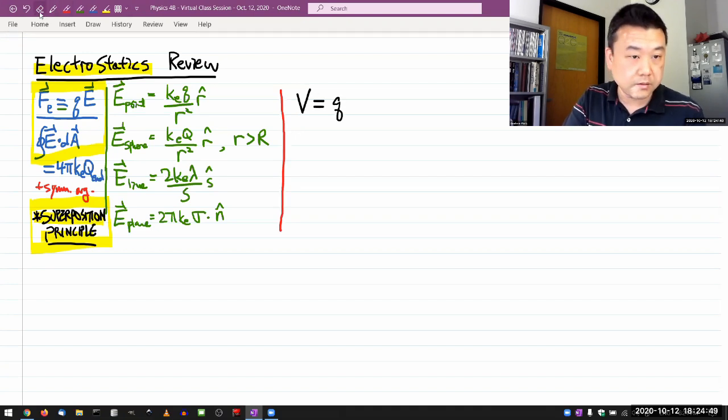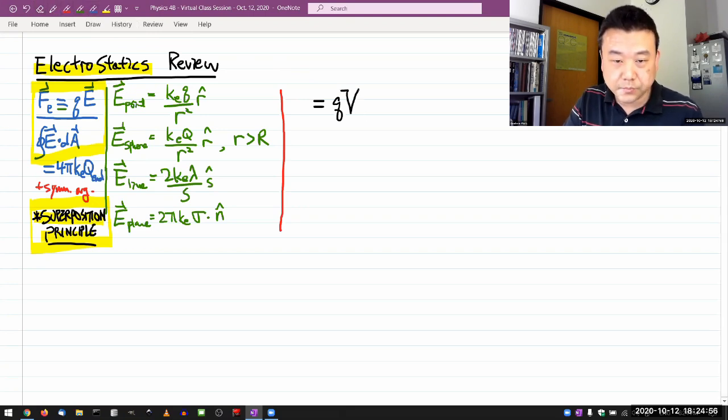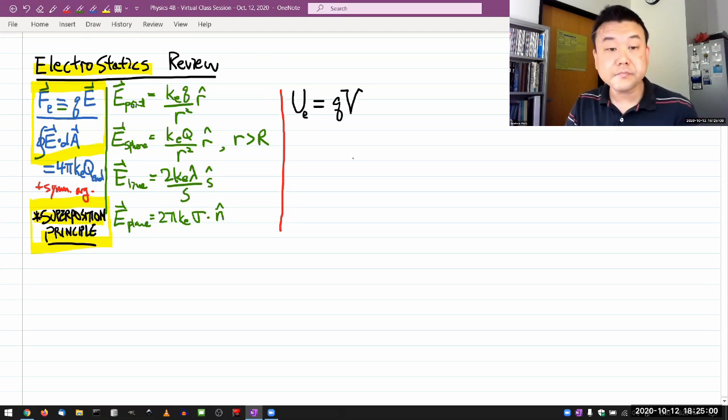Oops, I'm writing it the other way around. So the electric charge times the electric potential gives you the electric potential energy. When you look at this relationship and this relationship, I hope they look familiar, because they are constructed that way.